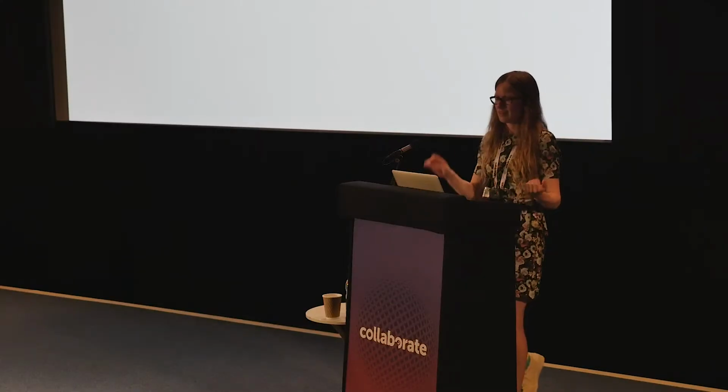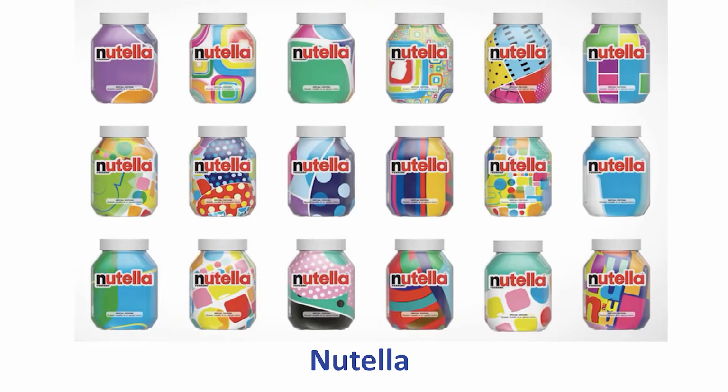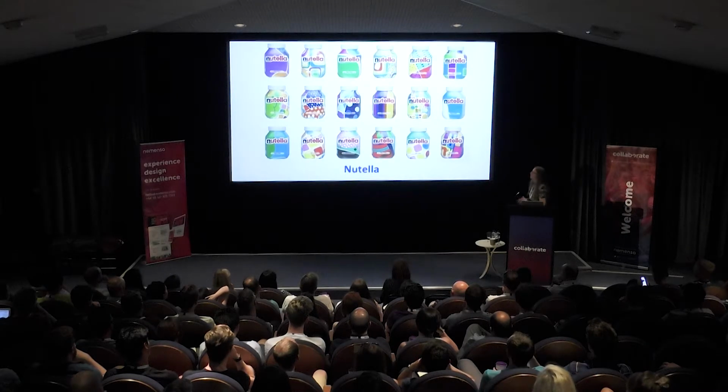And moving on to the graphic side of design. You might have seen this wonderful Nutella packaging, which was made in Italy, and it came in 7 million different designs, all made by the algorithm.